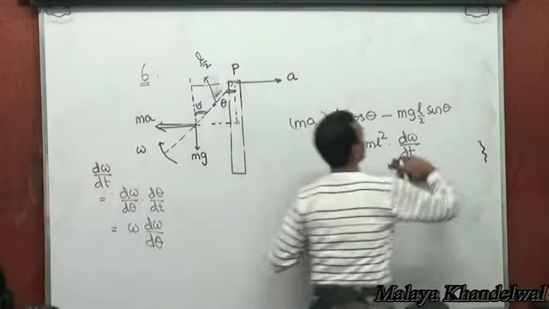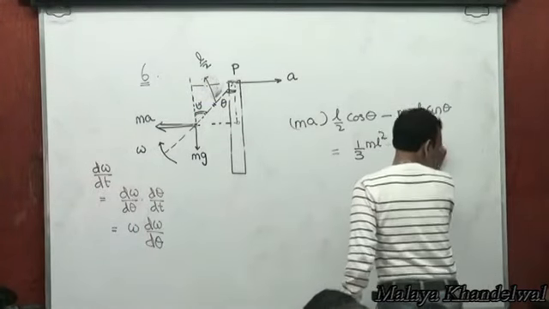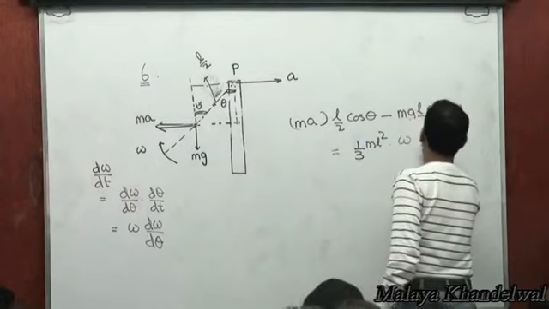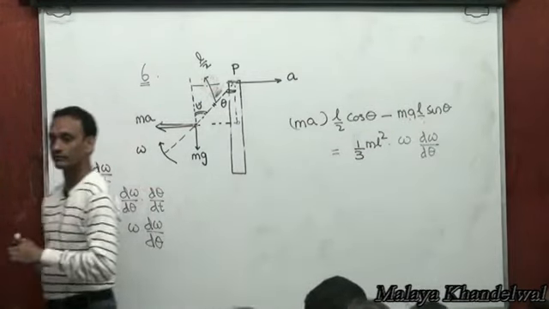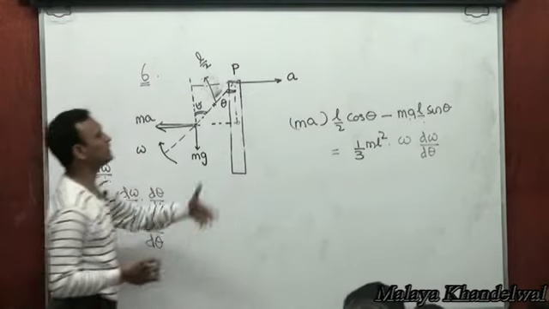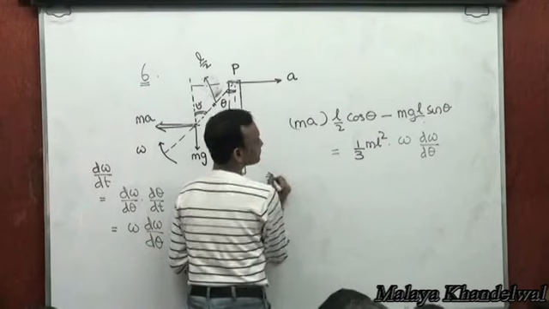So this d omega dt I can write as omega times d omega d theta. How about it? And then simple stuff, m gets cancelled.